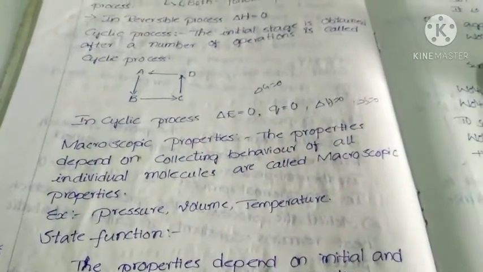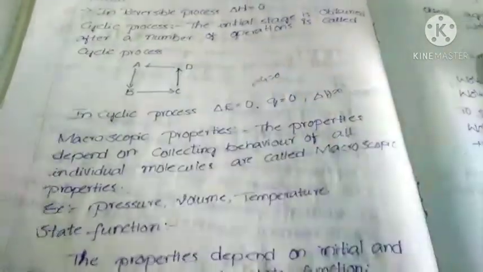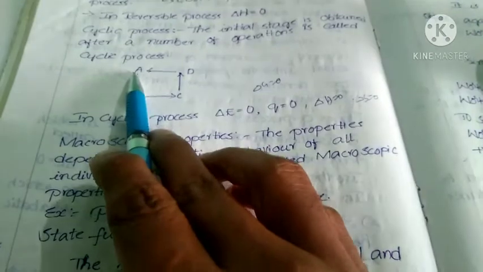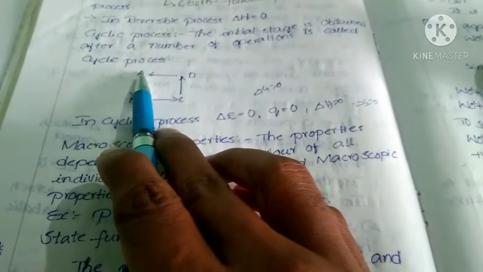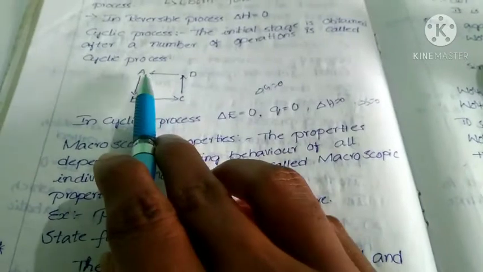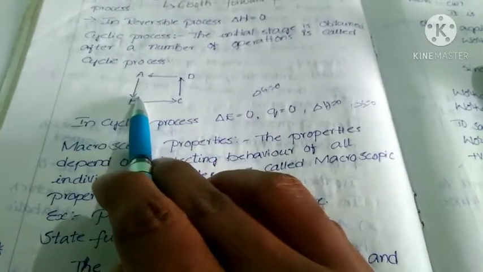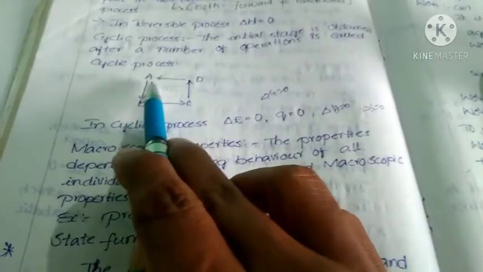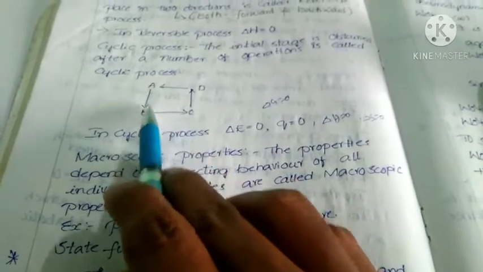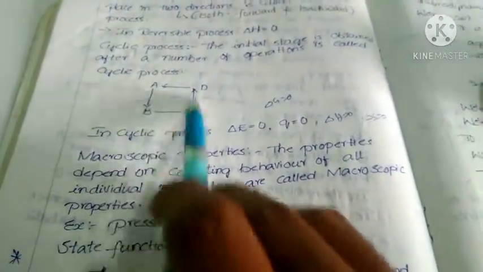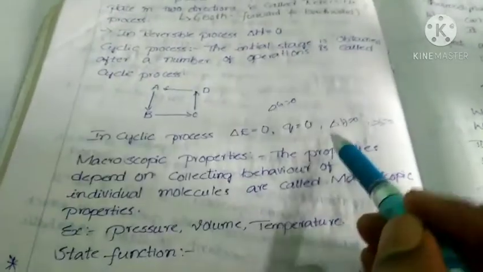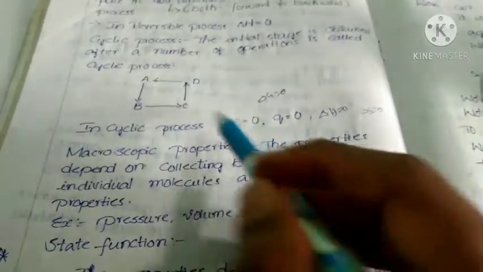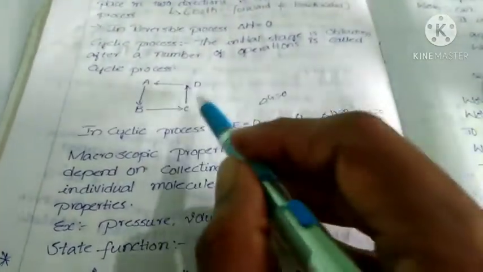Next one, cyclic process. Cyclic process means, see, this is the example. This is the starting point. This starting point can be obtained after a number of steps. See, A to B, B to C, C to D, again D to A. That means this initial stage is obtained after several steps, after a number of operations. That is called a cyclic process. In a cyclic process, delta H will be 0. If delta H is 0, automatically in that process delta E is also 0. E means internal energy.